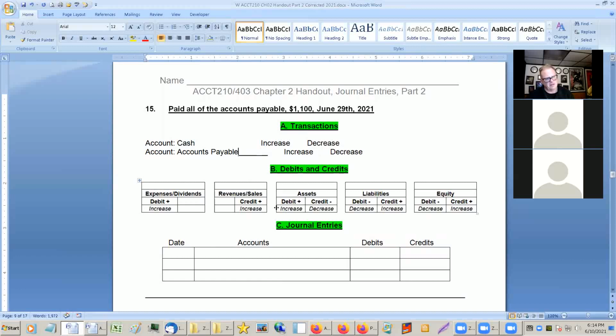You know, I should make a table for these increase, decrease things, a table that you put in the, and both decrease. Cash is going down and the accounts payable is going down because we no longer owe them.